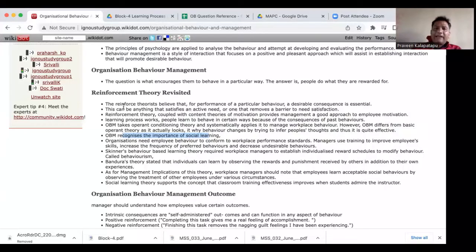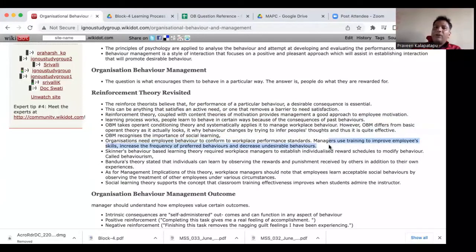So the entire chapter, whichever we read in unit 1, is something that OBM really banks on. It banks on behavior theories. It banks on social learning theory. It really emphasizes the reinforcement technique that we are talking about, right? Organizations need employee behavior to conform to workplace performance standards.